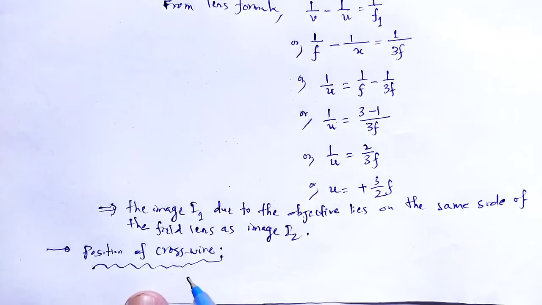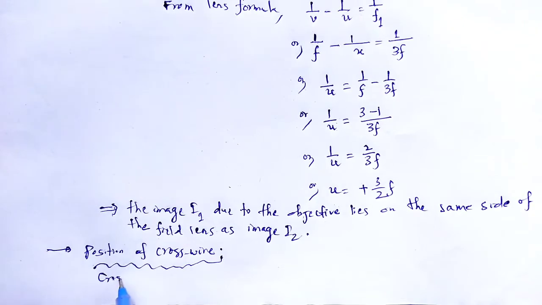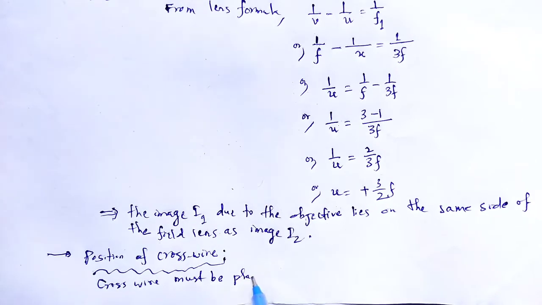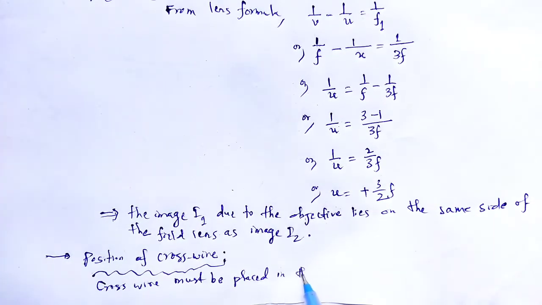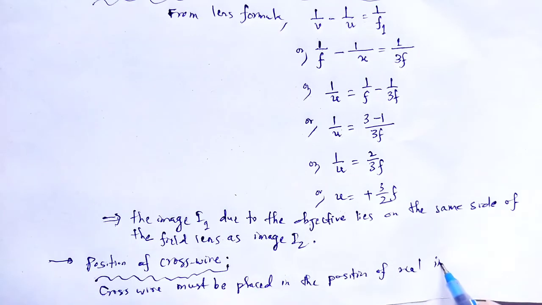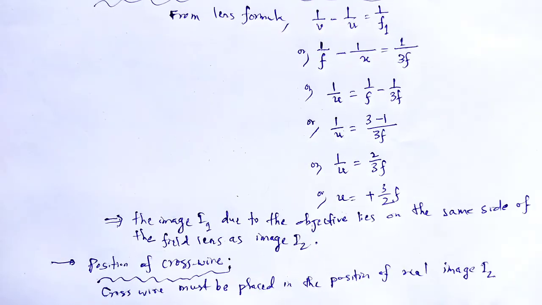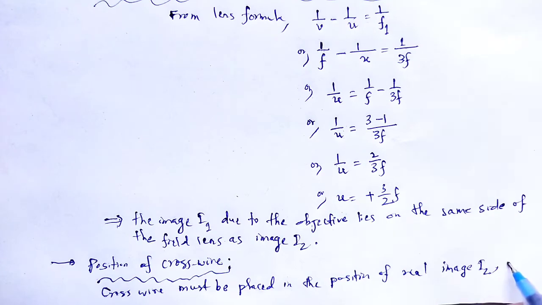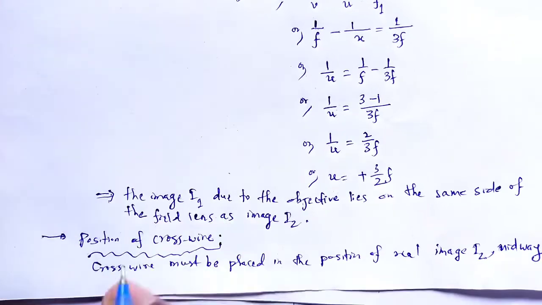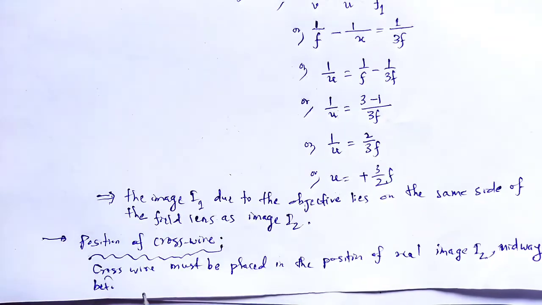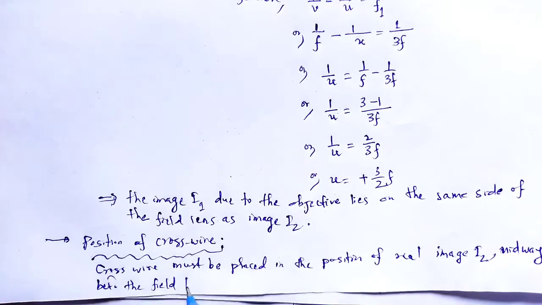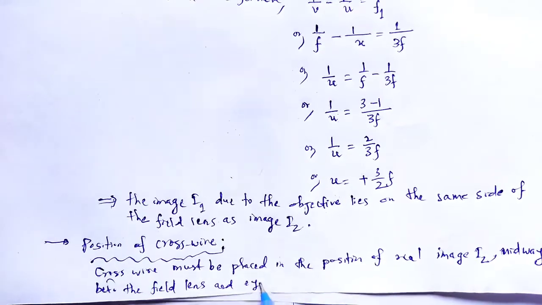In that particular case, the crosswire must be placed in the position of the real image, that is I2, which is midway between the field lens and the eye lens.